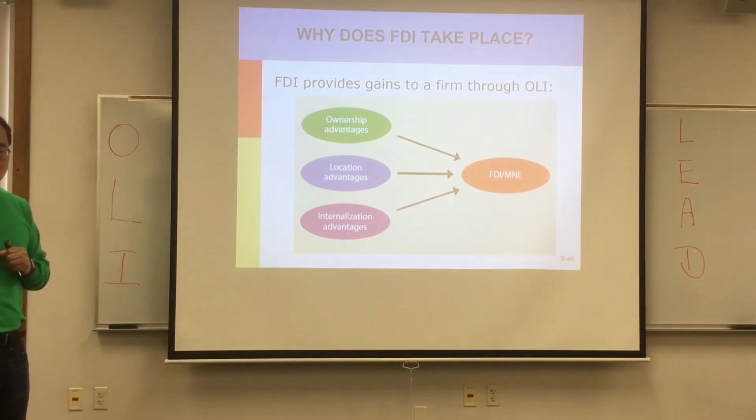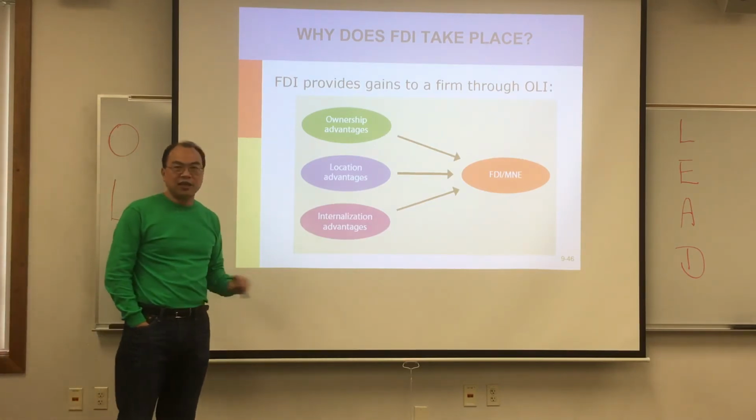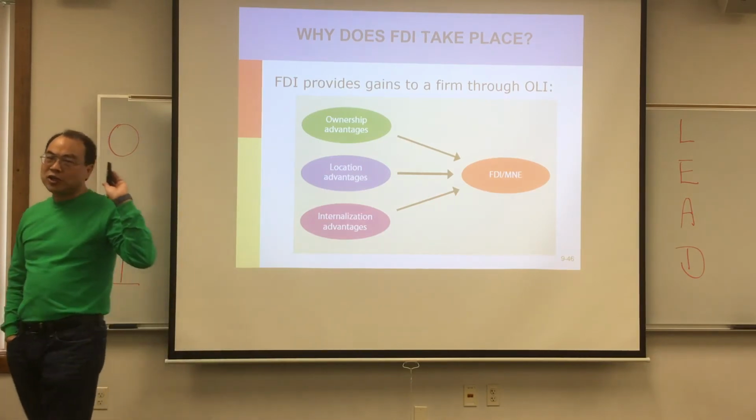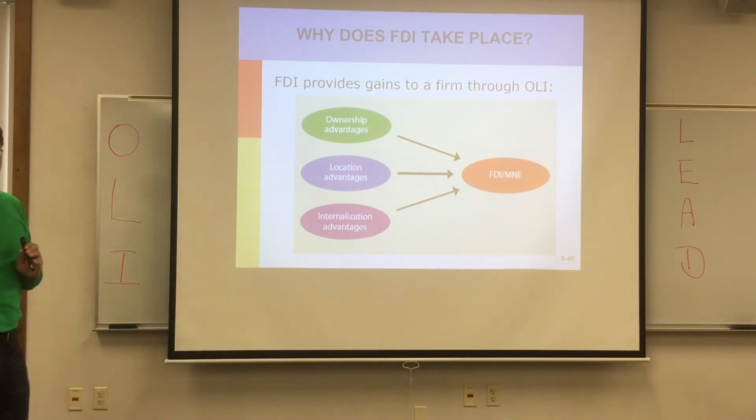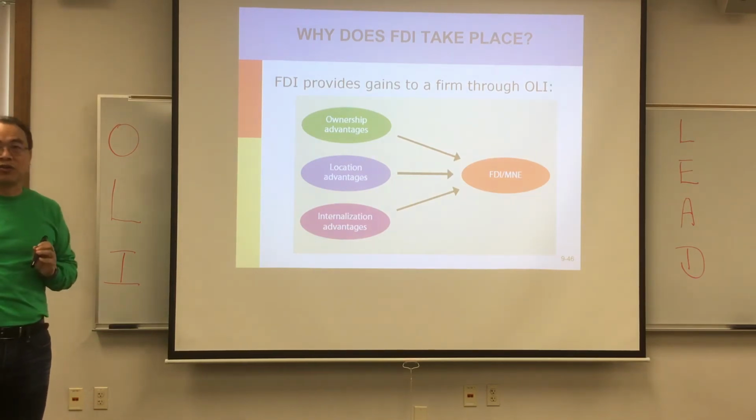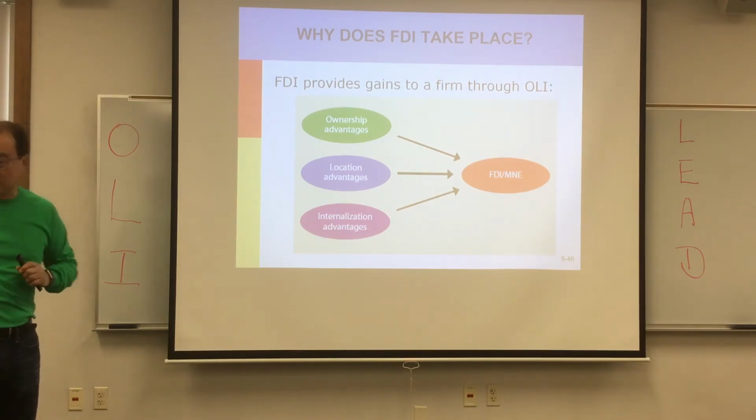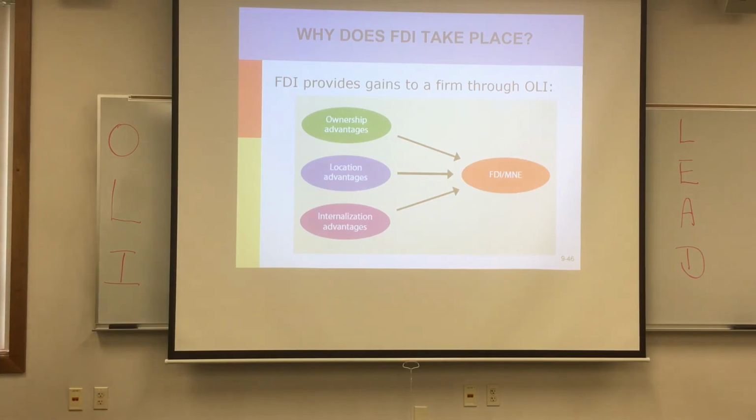Don't make a mistake here. A lot of students think it's internationalization. It's not. It's internalization. That means you can have everything in your house internalized, keep the secret, and also save money. Okay, so basically that's what it is.